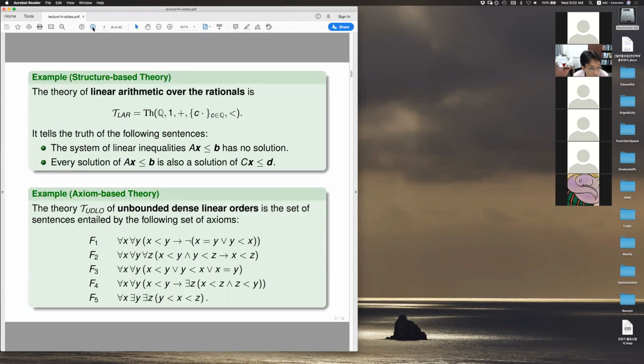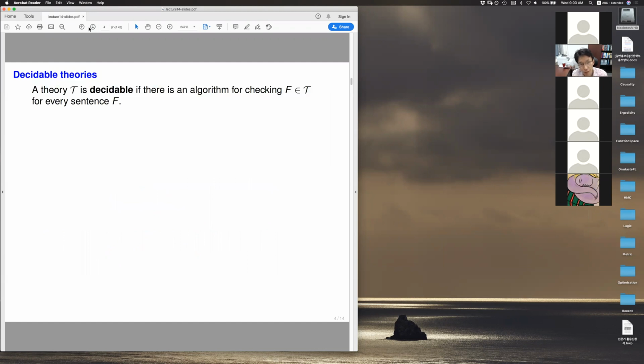And then what we are interested in is a specific property of a theory called decidability. It's an algorithmic, more computer science style question. It asks whether there is an algorithm that takes any sentence F and answers the question whether that sentence F belongs to the theory or not.